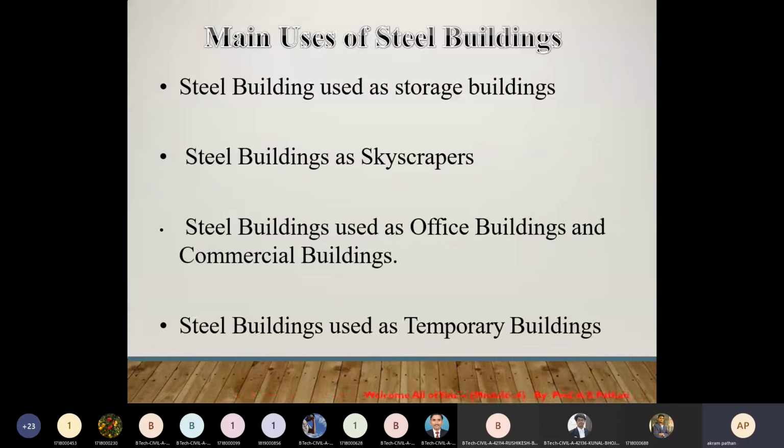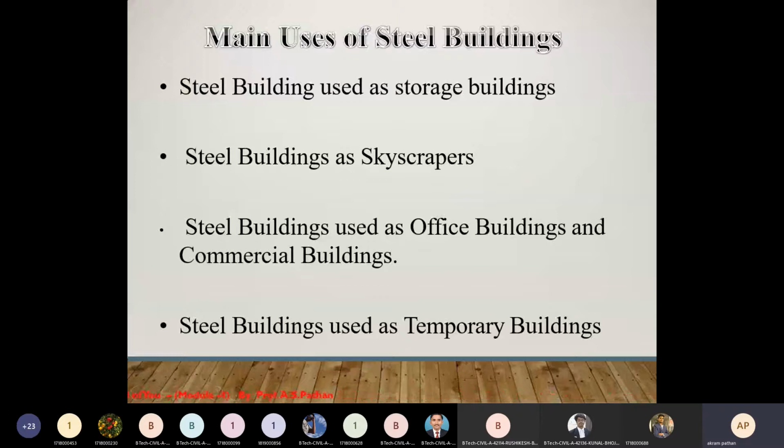Then steel buildings as skyscrapers. For example, in metropolitan cities, almost all the work in modern days is going on with the help of steel construction. So we have certain real site examples.